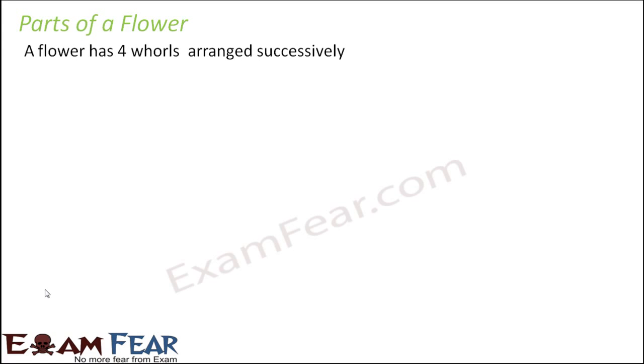Okay, so we will spend some time in understanding stamen and carpel, but before that, let us look at the different parts of a flower. I have already given you an idea about the different sections or parts of the flower. Broadly, in order to categorize all these different parts, a flower is divided into four whorls which are arranged successively.